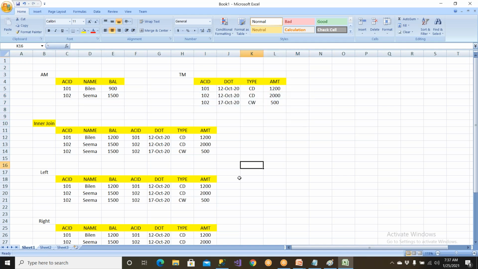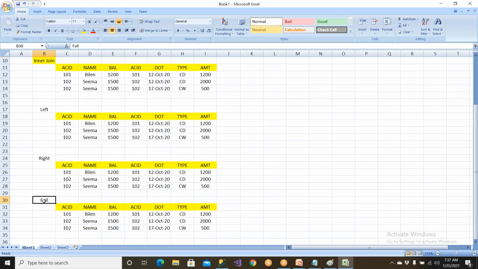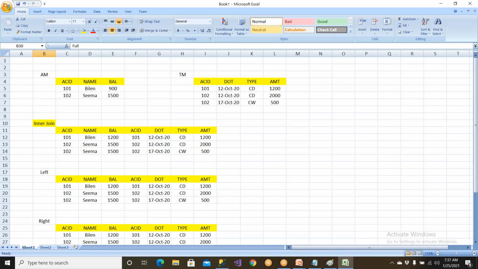If there is no unmatched data, inner join, left, right, full, everything will show only matched data. Okay, so that's what you need to understand. It always depends upon what is the data that you have. If you have matched data plus unmatched data, then you will be able to get this clearly.